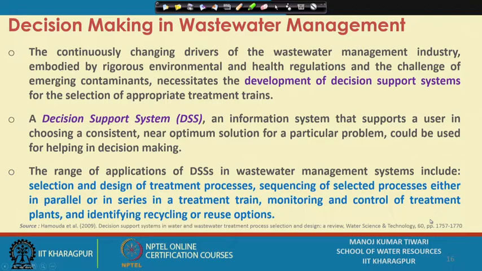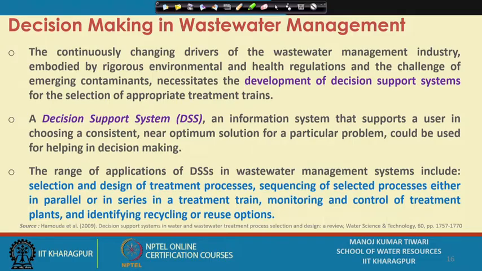So, that is what is done through the decision support system. Okay. And now, if we see the sector of wastewater management, it is continuously changing. Drivers are there in the form of rigorous environmental and health regulation, and the challenges of emerging contaminants are there, and these necessitate the development of a decision support system for selection of the appropriate treatment trains or treatment schemes.